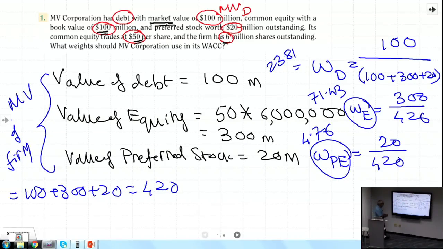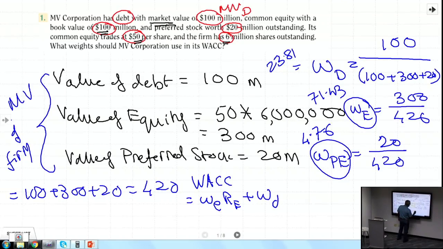Once we have the weights, then we know how to calculate weighted average cost of capital. It will be the weight of equity times the return on equity or the cost of equity, weight of debt times the cost of debt, weight of preferred equity times the cost of preferred equity.